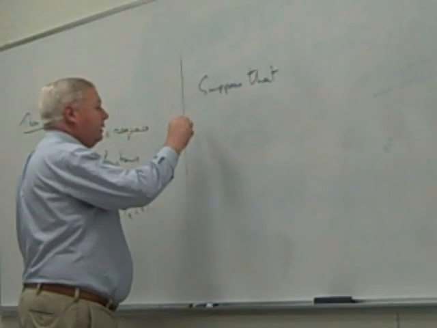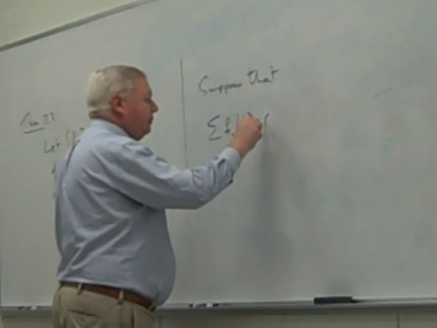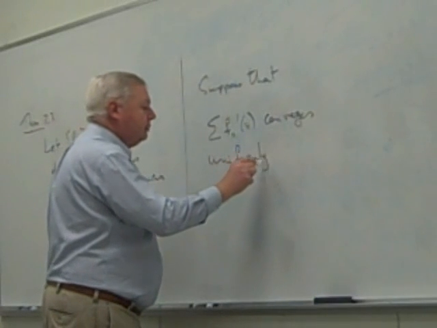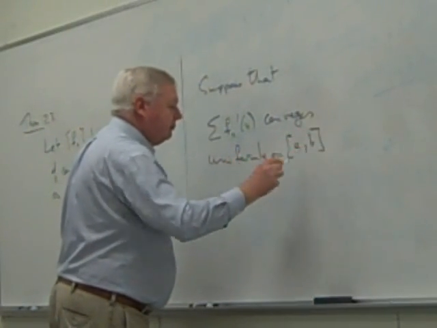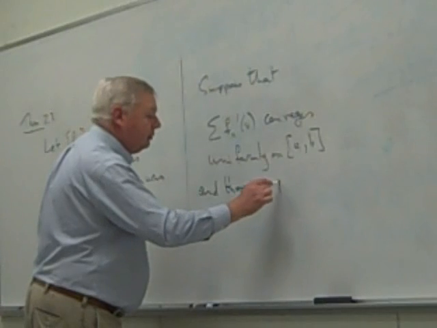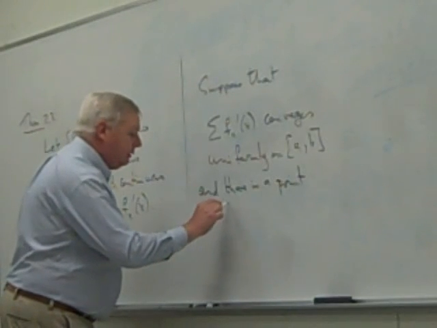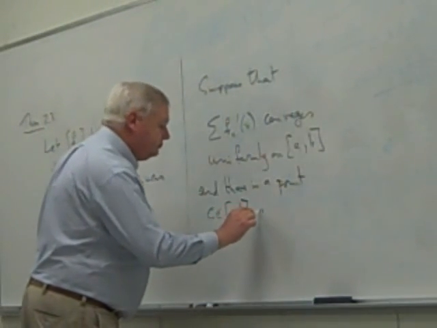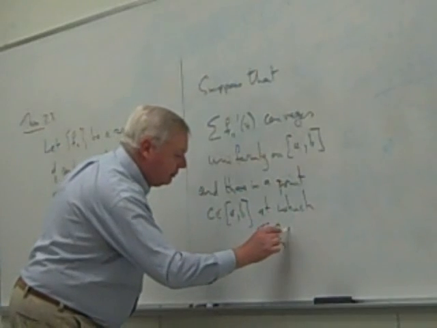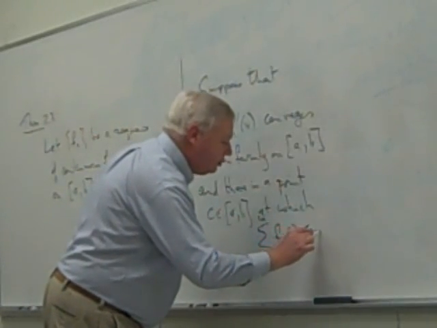Suppose that the series sum of f_n prime of x converges uniformly on the interval [a, b], and there is some point c in the interval [a, b] at which the original series, when you plug in the value x equals c, converges.